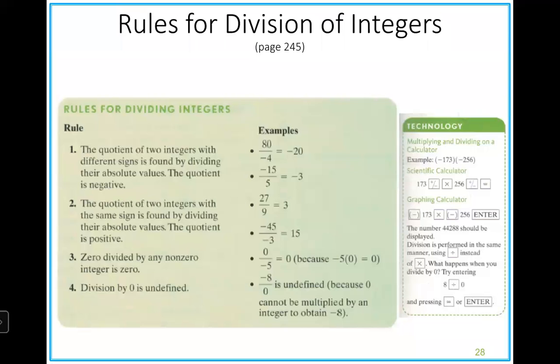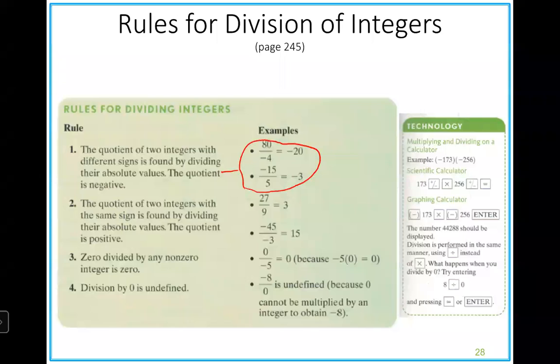Okay, so the first one says the quotient of two integers with different signs is found by dividing their absolute values. The quotient is negative. So the first two examples here refer to that first one. Those have different signs, so the answer is negative.